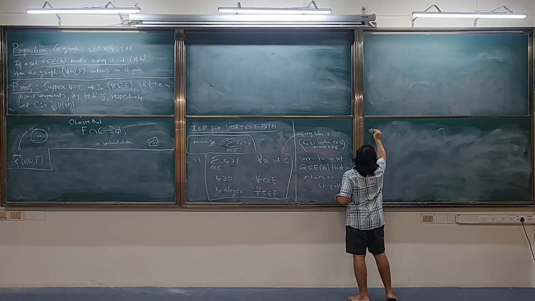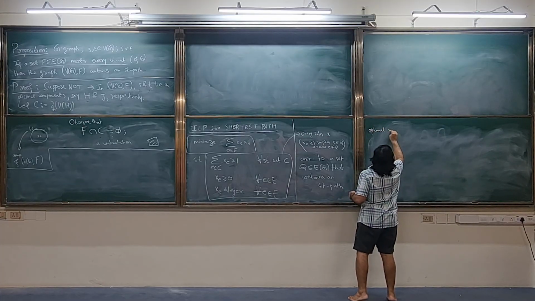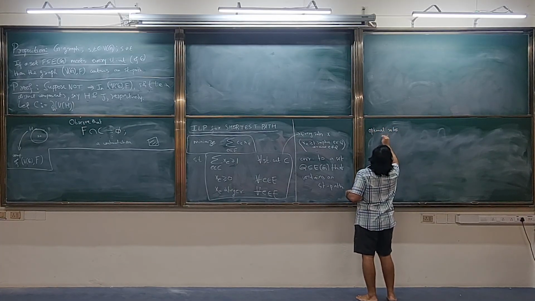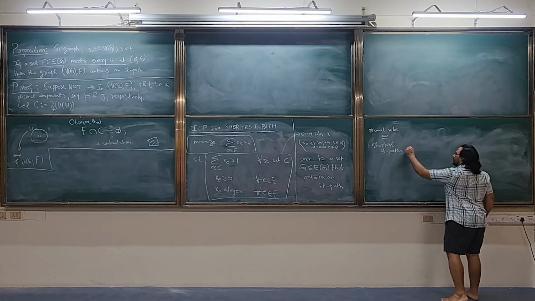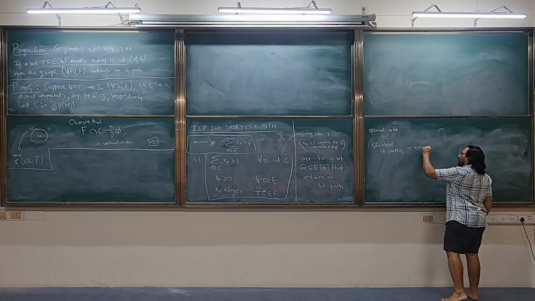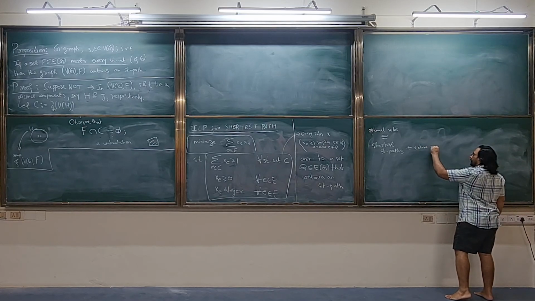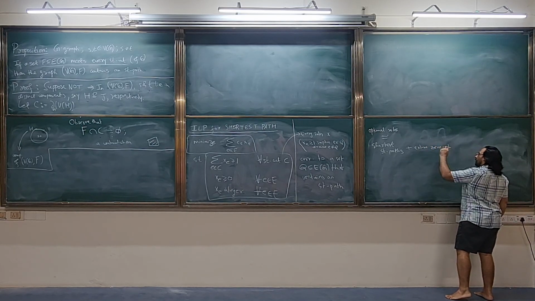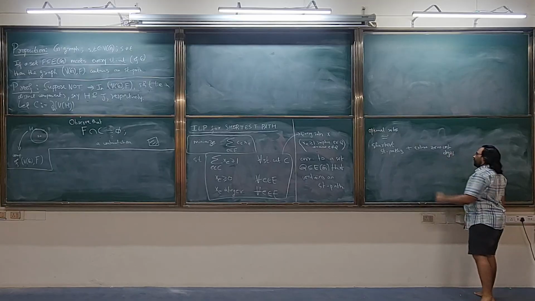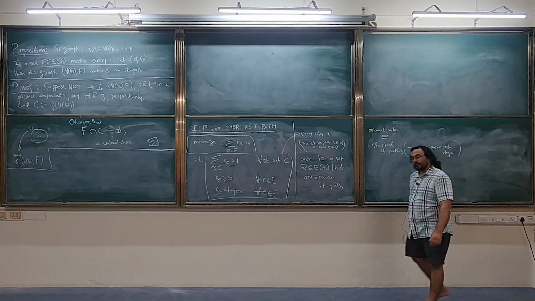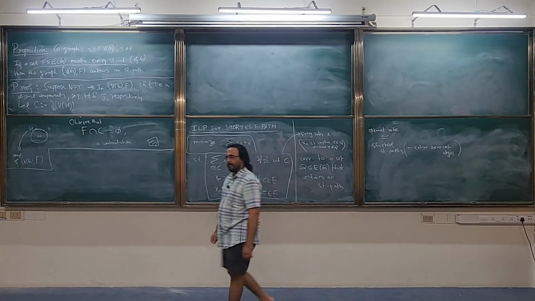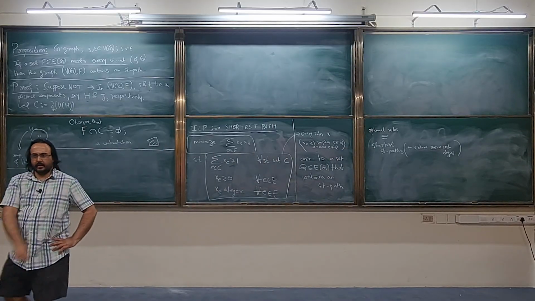Optimal solutions are simply shortest ST paths plus possibly extra zero cost edges. These may or may not be there. Does everybody see that?